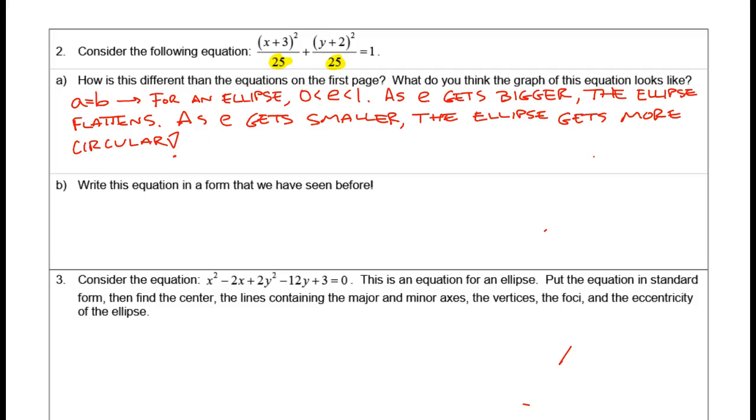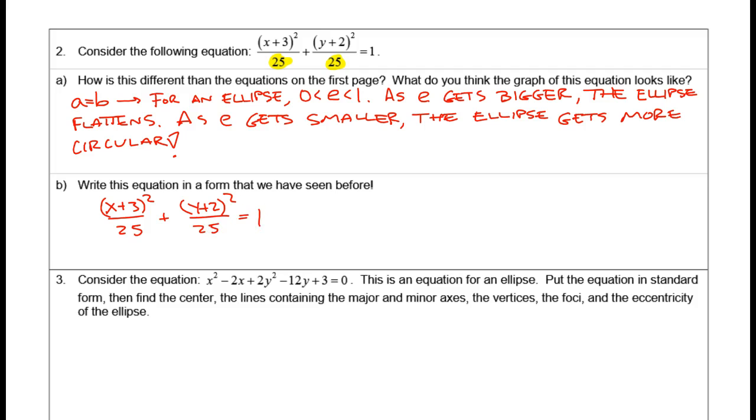Okay, so what I'm going to do now is jump down to part B of this problem, and in part B we're actually going to look at the equation that we were originally given and see if we can transform that equation into something else. The first thing I'm going to do is multiply both sides of the equation by 25. So if I have (x plus 3) squared over 25 plus (y plus 2) squared over 25, and that equals 1.